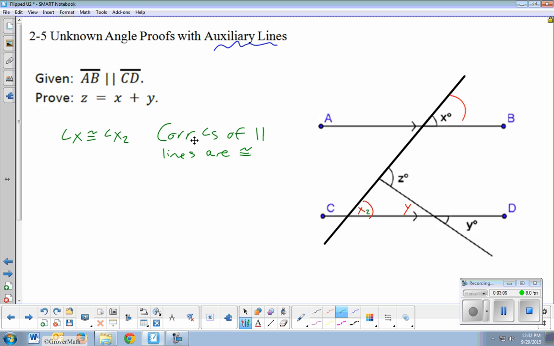I'm abbreviating corresponding. I'm okay if you do that. I'm using the angle symbol for angles, the parallel symbol, and the congruent symbol. The corresponding angles of parallel lines are congruent.